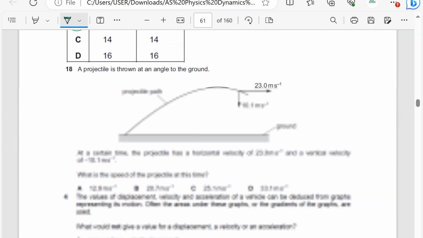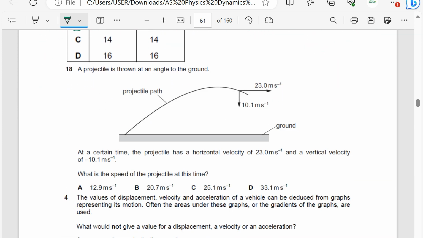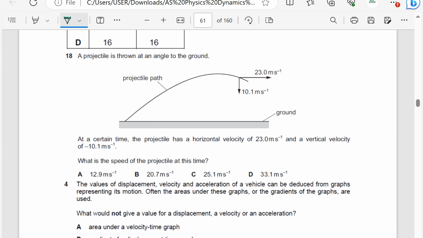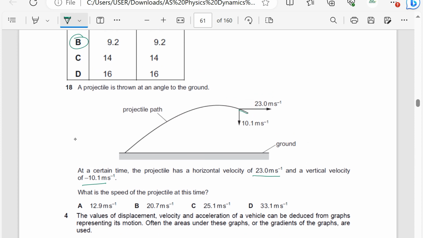A projectile is thrown at an angle to the ground. At a certain time, the projectile has a horizontal velocity of that and a vertical velocity of that. What is the speed of the projectile at this time? We just find the resultant of these two. So the resultant here is by Pythagoras theorem.